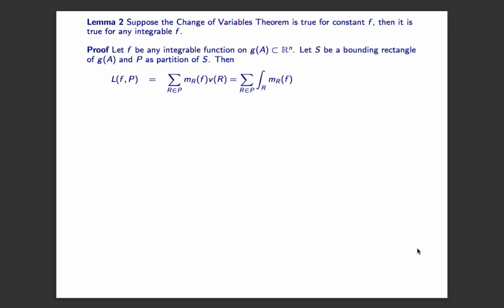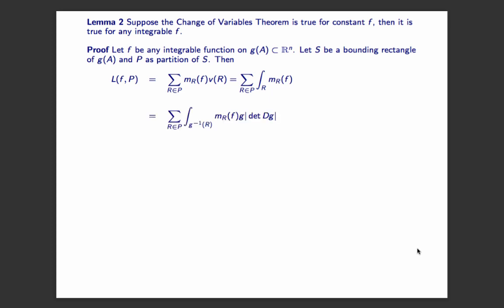Now, the volume of those subrectangles, that's just the integral over R of 1. And m_R of f, that's just a constant, right? For all x in R, the infimum is, well, the infimum, so it remains constant.